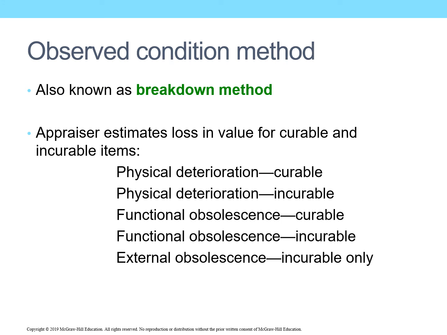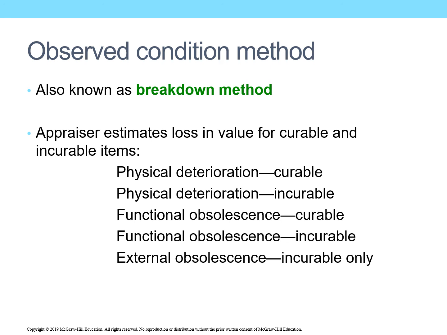And finally, the observed condition method. With this method, we do recognize the three forms of accrued depreciation: physical, functional, external. It recognizes that when it comes to physical and functional, we can break it down into both the curable part and the incurable part.